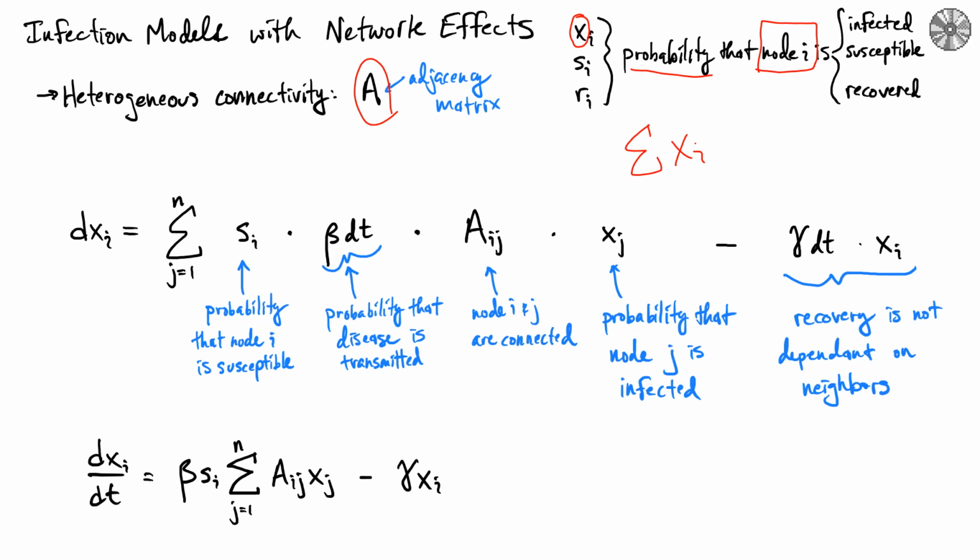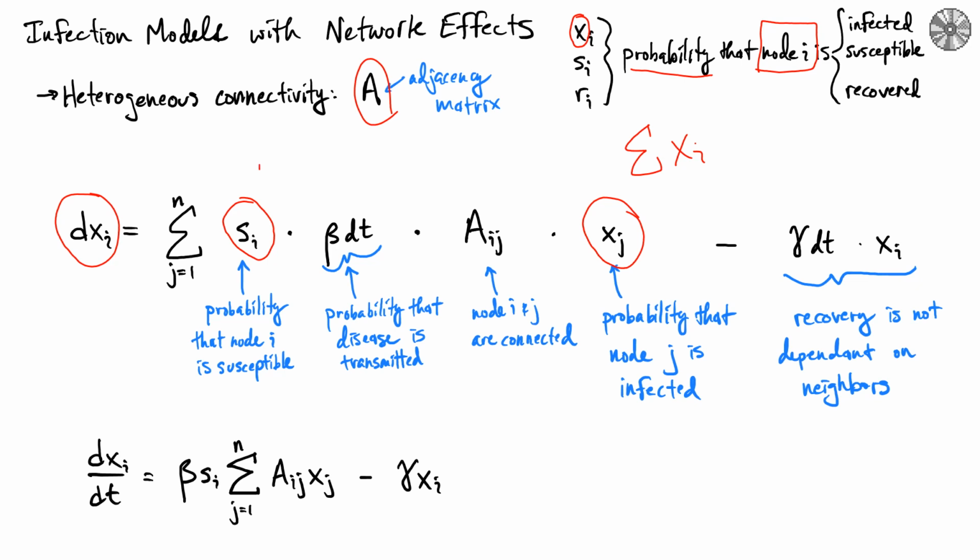All right, so we said that the dynamics are going to be quite similar, and they are. Essentially, the change in the infected probability of node I is going to be related to whether or not I is susceptible, and whether or not one of its neighbors is infected.